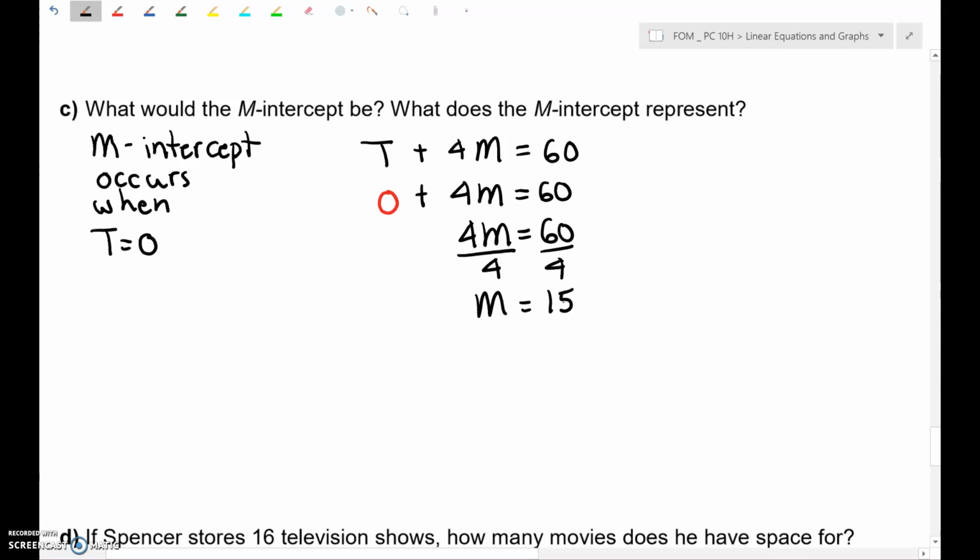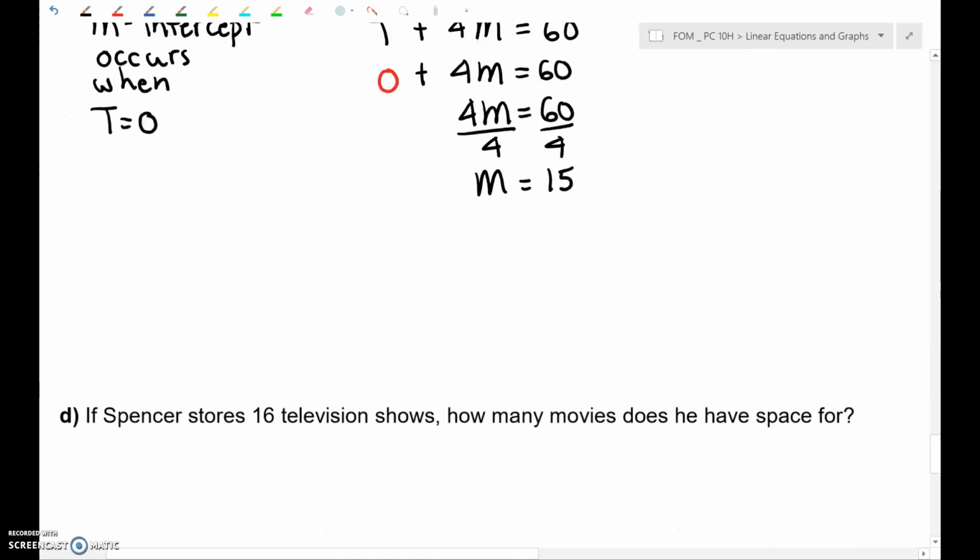Well, M stands for the number of movies he can store on his laptop. So if he has no television programs, he can put 15 movies on his laptop. So the m-intercept is 15.